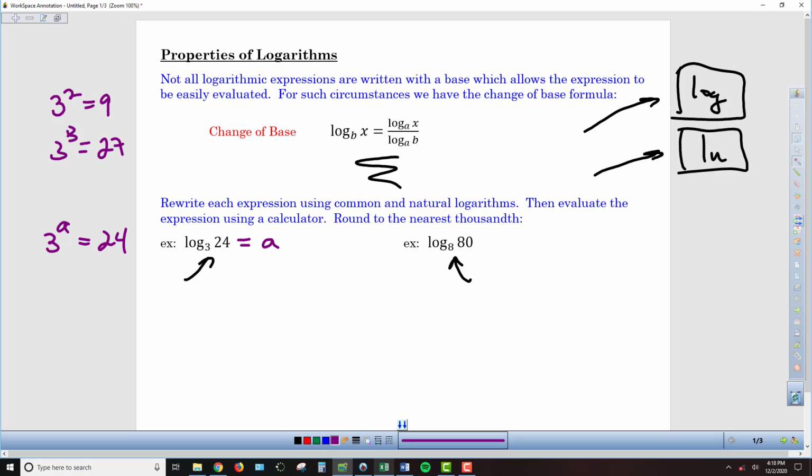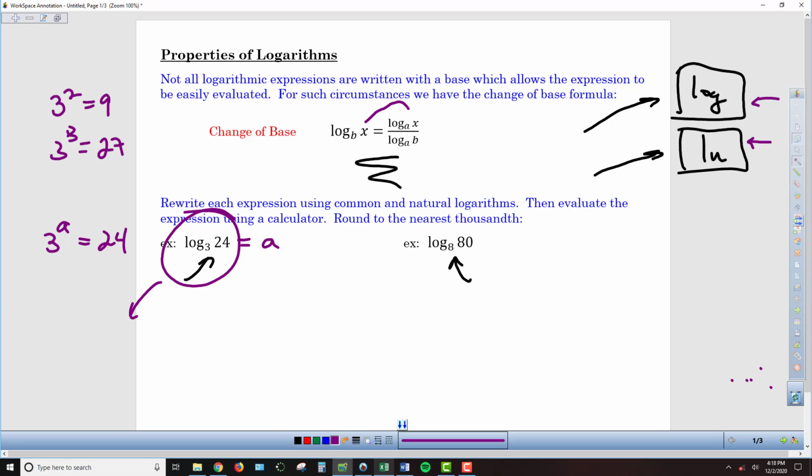So the way we can figure out what that number is is by using the change of base formula to rewrite this in either base 10 logs or base e logs and then use our calculator to solve. So I'm going to go ahead and do it both ways. I can rewrite this as base 10 logs, and I just use the pattern that I see here.